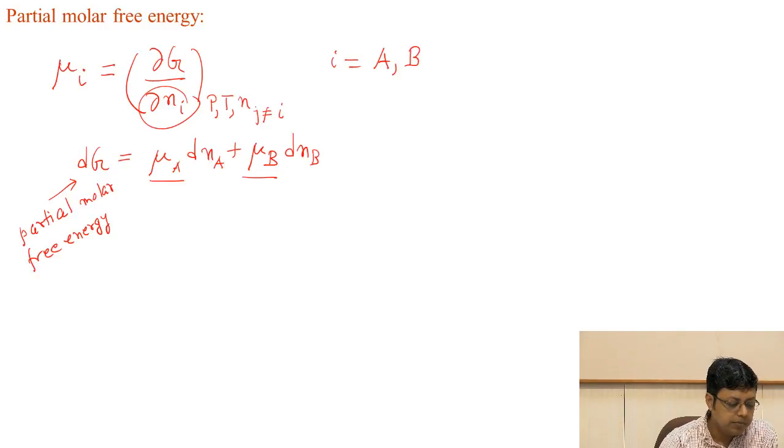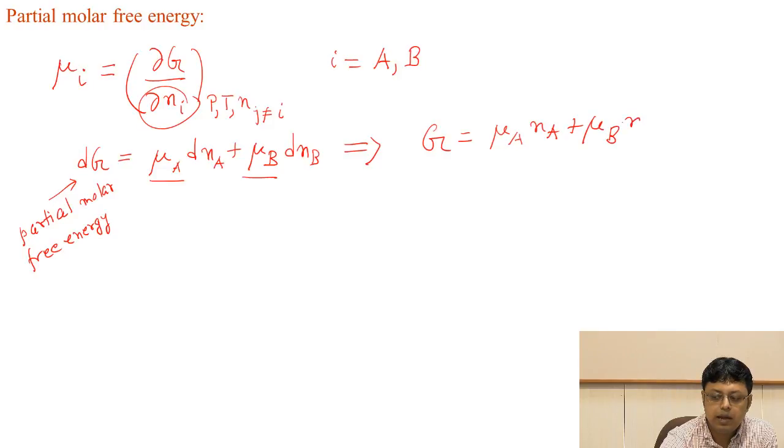And in a similar way, if we integrate it, we'll get the Gibbs free energy, which we can write as, say, mu A NA plus mu B NB.